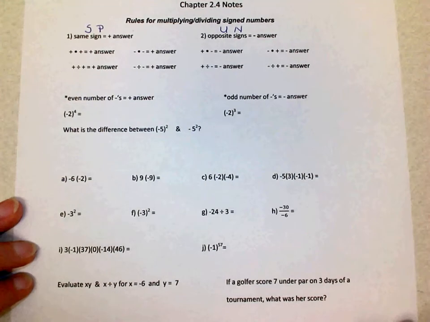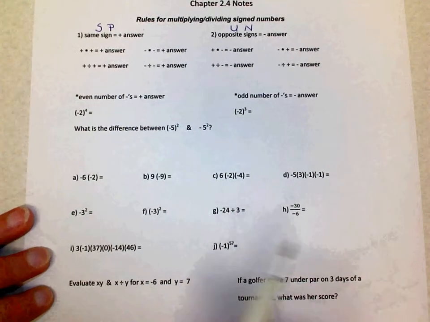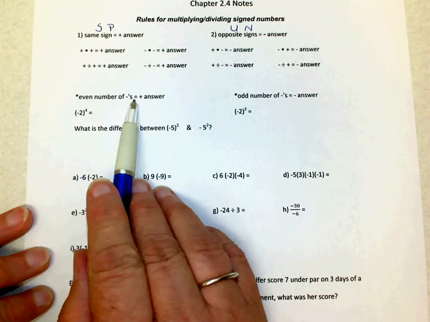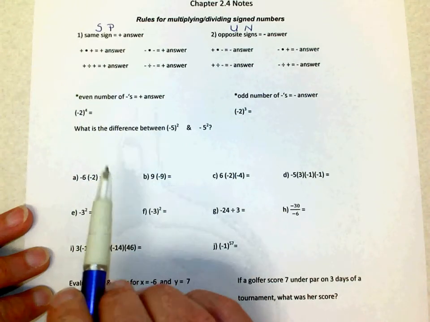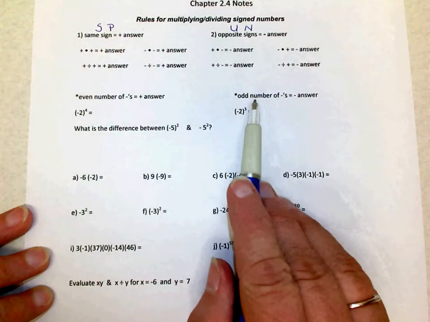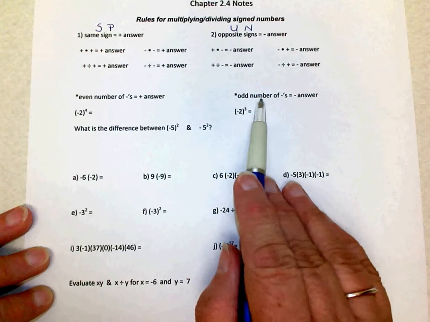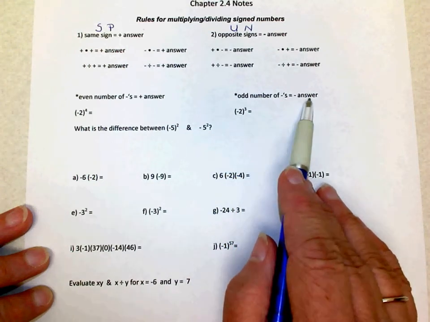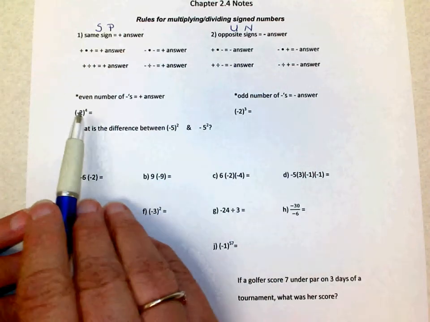Now I'm going to expand on this a little bit. If you have an even number of negatives, it's always a positive answer. And I'm going to show you how that applies in just a moment. An odd number of negative numbers is a negative answer. So how does that apply?